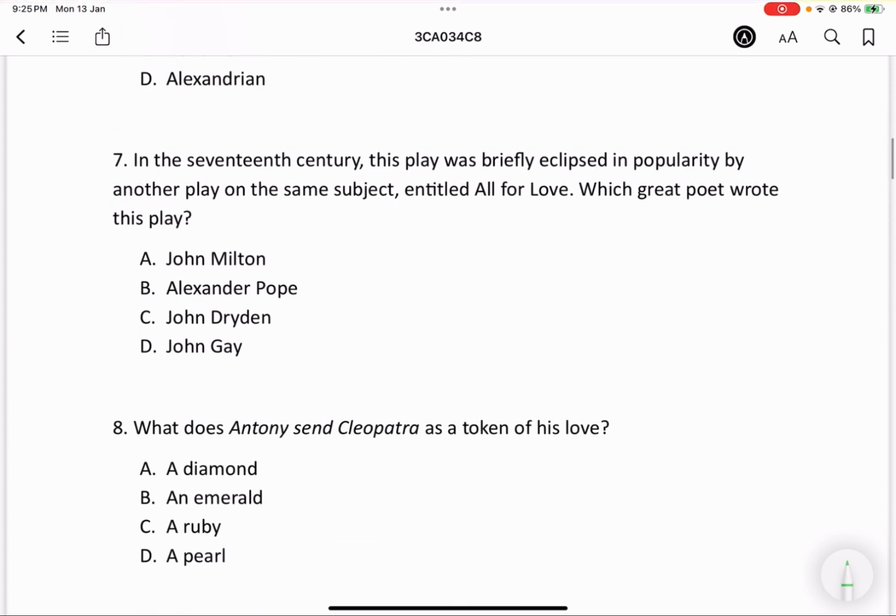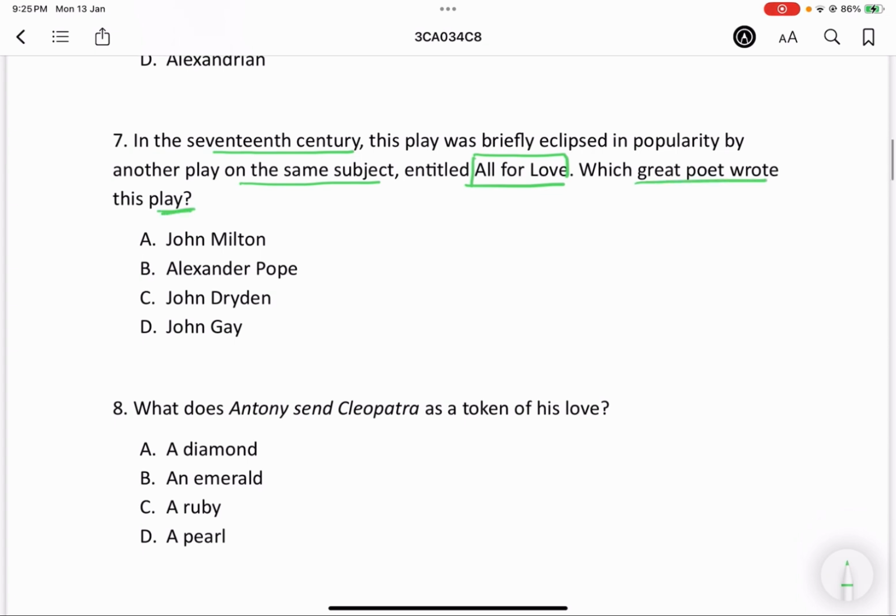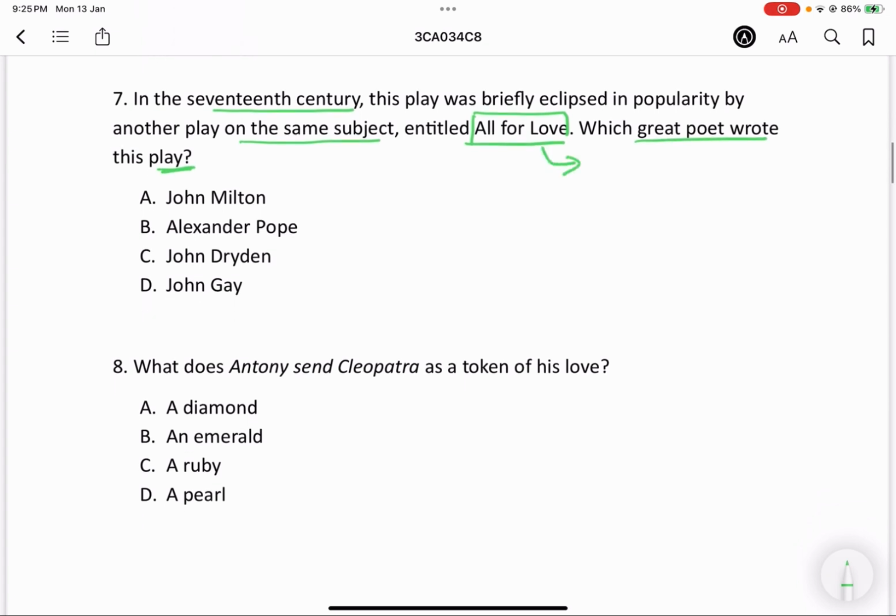Question number seven. An important question. In the 17th century, this play was briefly eclipsed in popularity by another play on the same subject, whose title was All for Love. Which great poet wrote this play? All for Love had the same subject matter as that of Antony and Cleopatra.